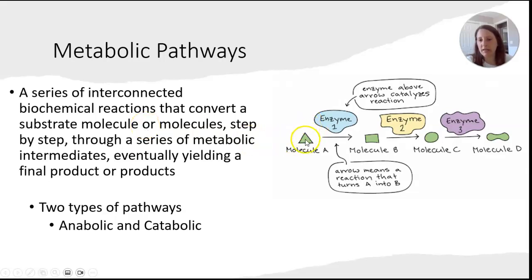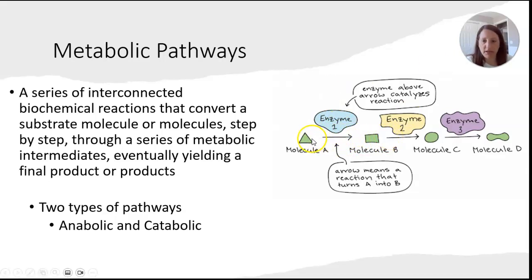So molecule A is turned into molecule B, which is turned into molecule C, and molecule C is turned into our final end product, which is molecule D. Notice that each step of this metabolic pathway is catalyzed by an enzyme. We will talk about enzymes throughout this chapter and really focus on enzymes in the last part of the chapter. The arrow here means yields.